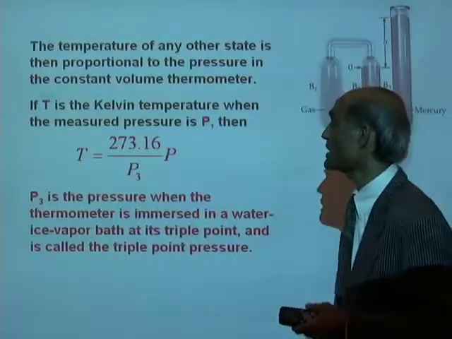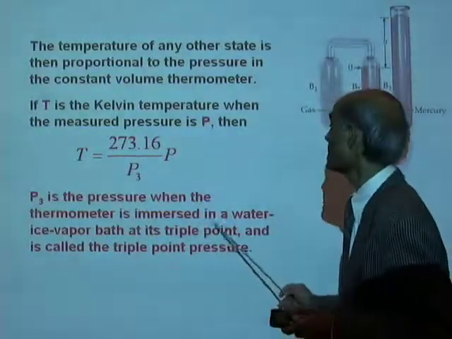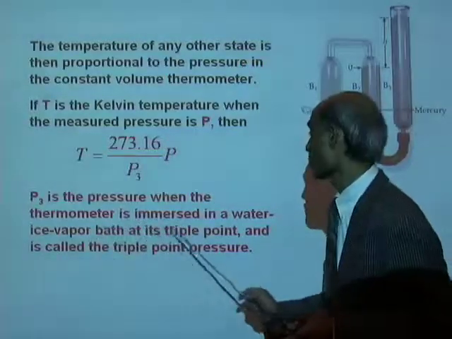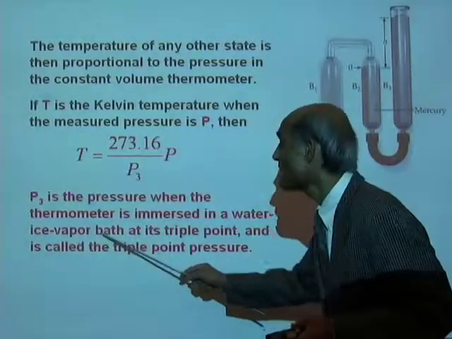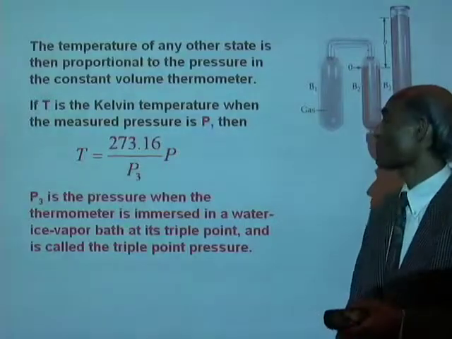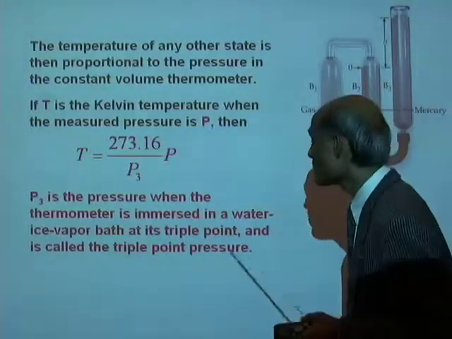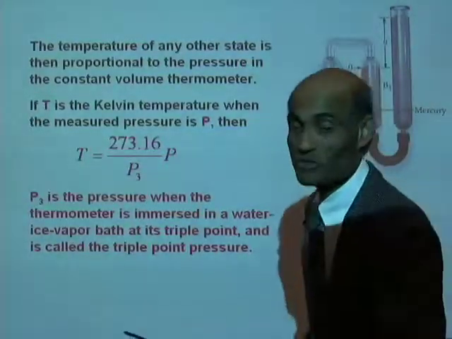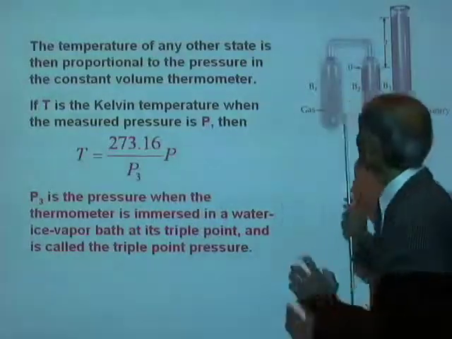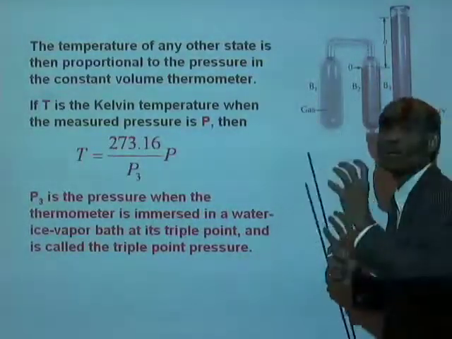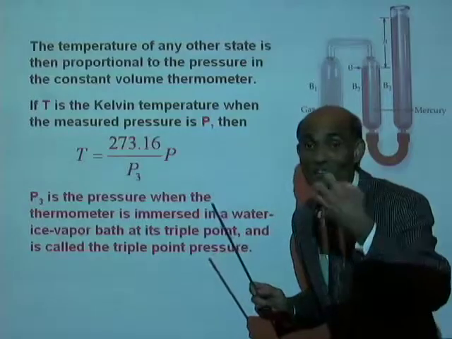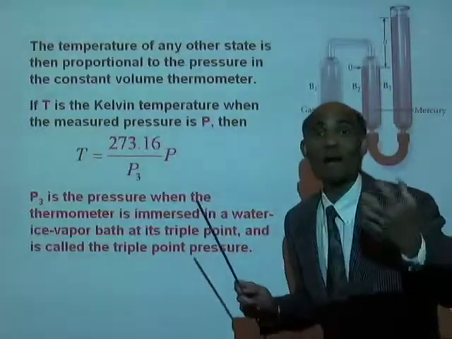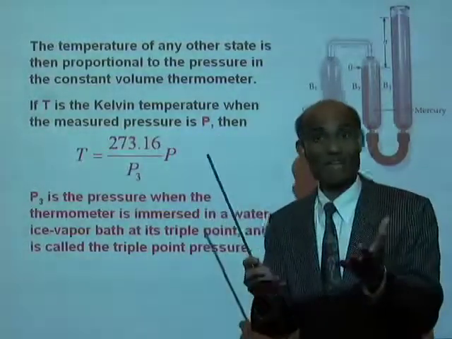P3 is the pressure when the thermometer is immersed in a water, ice, vapor bath at its triple point, and is called the triple point pressure. So you can measure P3 by immersing this bulb in a bath that contains water, steam, and ice all at the same time.